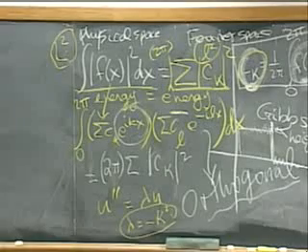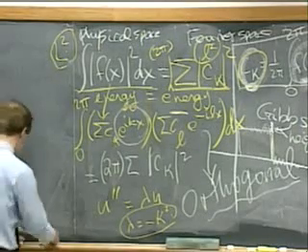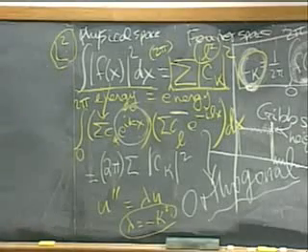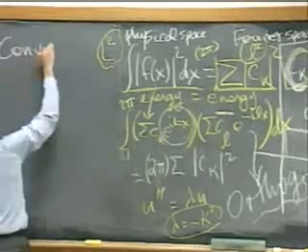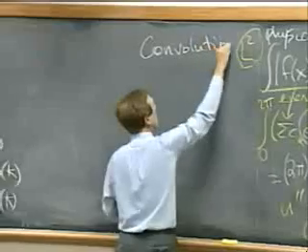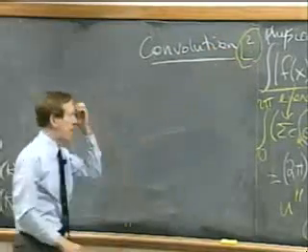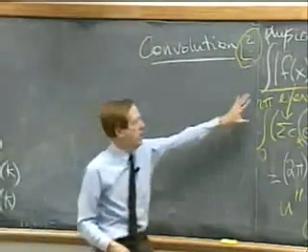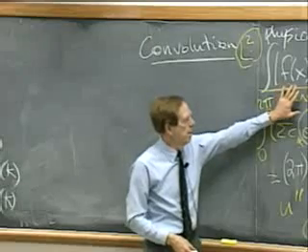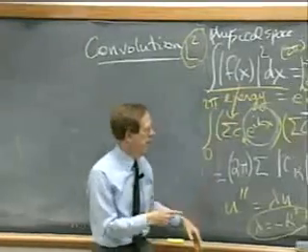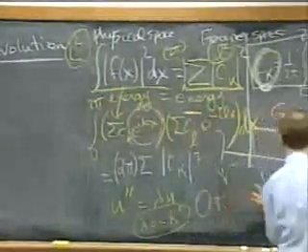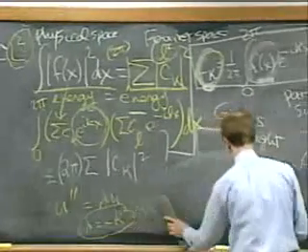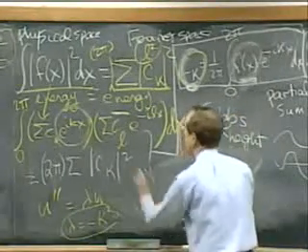Let me go to the next guy on the list, convolution. Just working down the list. So what's convolution about? Oh, by the way, I could have had two functions here.